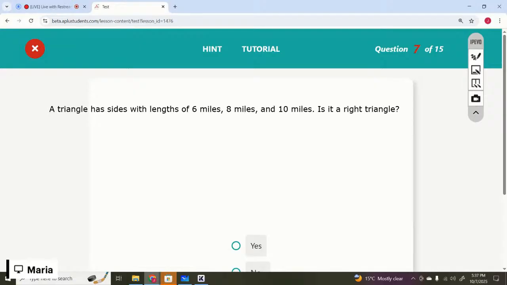A triangle has side lengths of 6 miles, 8 miles, and 10 miles. Is it a right triangle?